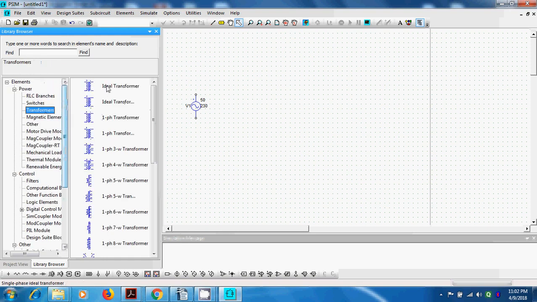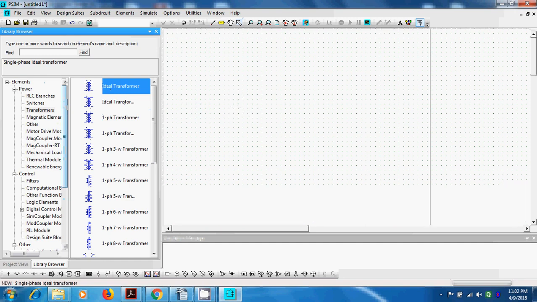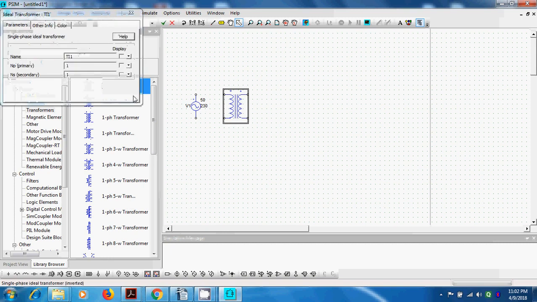So I will use an ideal transformer, and I will drag this ideal transformer, press escape, and double click. Then we'll see the transformer has a primary winding and a secondary winding. We know the relation between primary and secondary. If primary is more and secondary is less, then definitely it is a step down transformer.